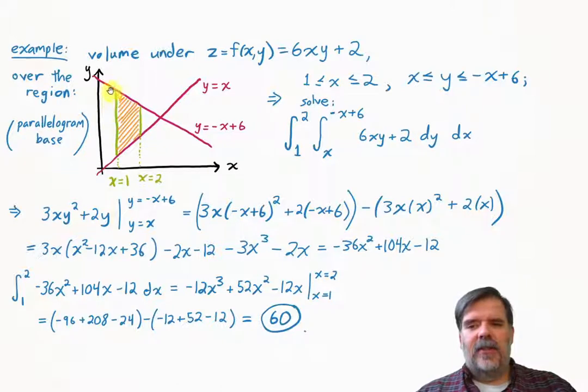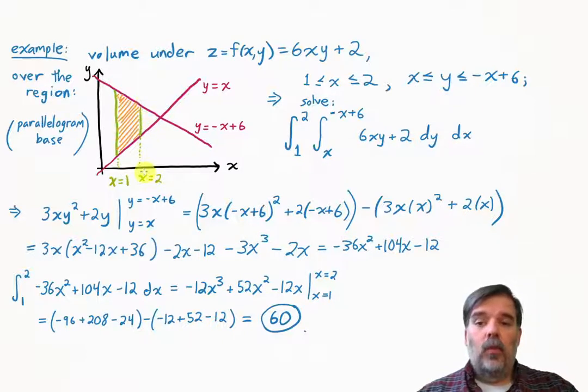Over this region, this is actually a trapezoid shape, right? And in this case, the boundaries are x equals 1 and x equals 2. The y boundaries are the functions y equals x and y equals negative x plus 6. And so that forms the boundaries of this trapezoid shape. And so here, x goes from 1 to 2.